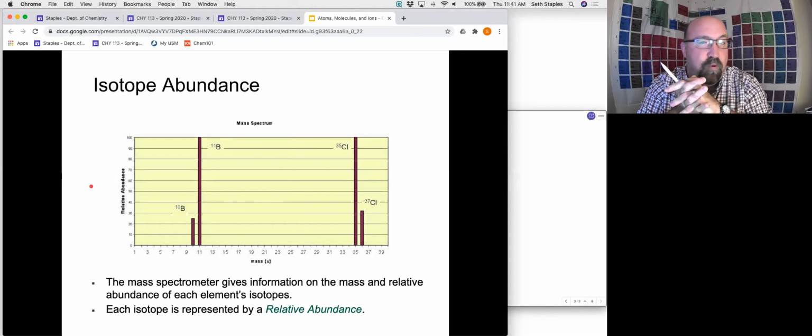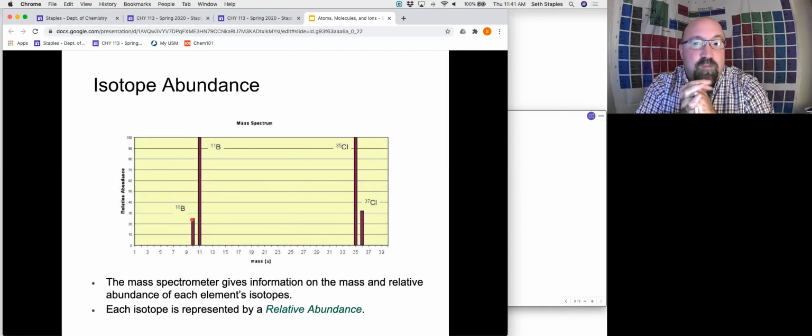For instance, boron has two primary isotopes, boron-10 and boron-11. We can see here by the graph, if we give a percentage of relative abundance of 100 to boron-11, then the relative abundance of boron-10 is only 25%. And so much more of the boron that exists is the isotope boron-11.